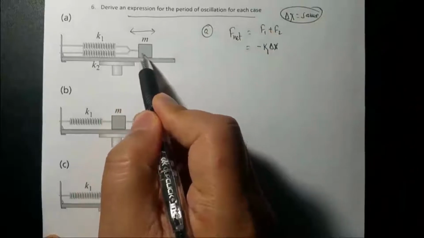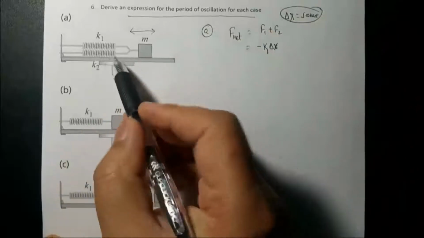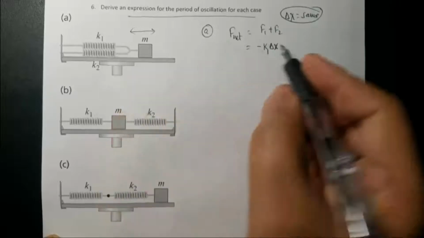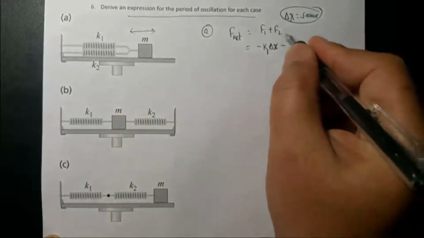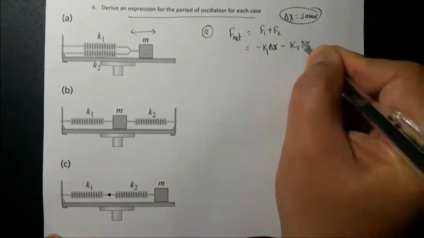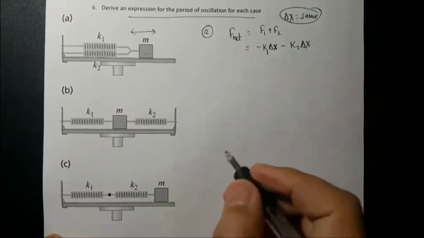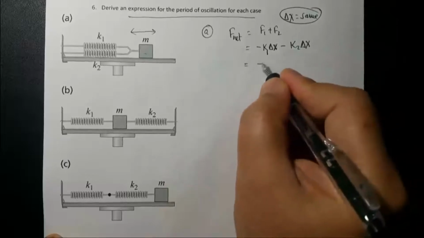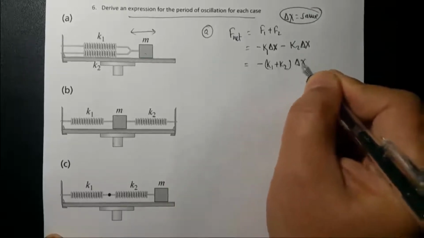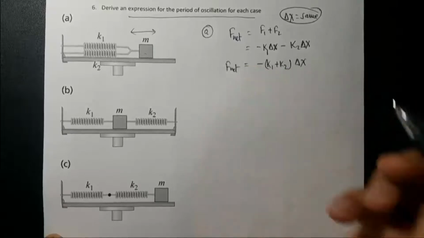No matter how you displace, the compression or elongation of both springs will be the same. So negative k2 delta x for the second force. So the net force is negative k1 plus k2, with delta x as the common factor.